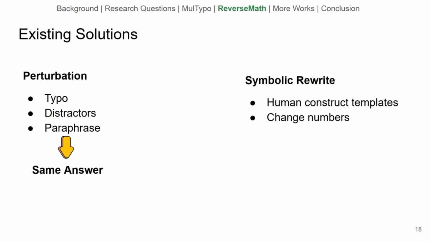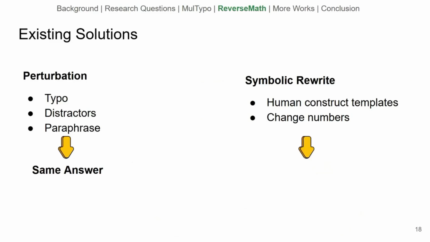The other way to solve this is symbolic rewrite. One of the most famous works is called GSM-Symbolic. What they did is ask some human annotators to look at the mathematical questions and construct a template based on these questions, where they convert the key numbers in the question to placeholders, so they can easily replace the previous numbers with any other number they want, as long as it's in the defined domain.